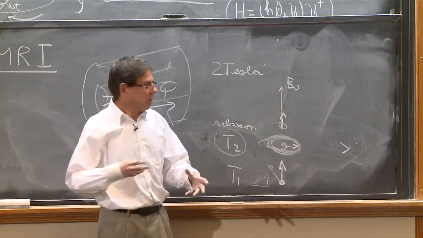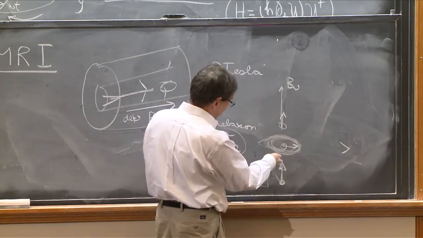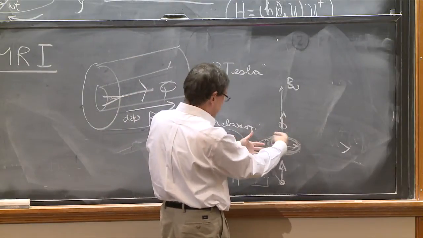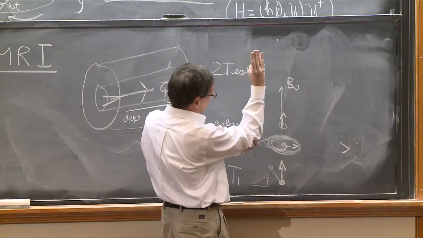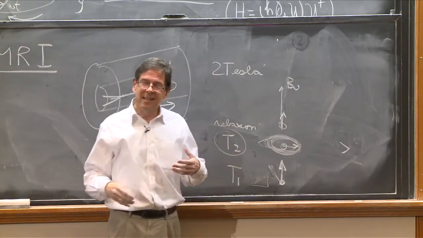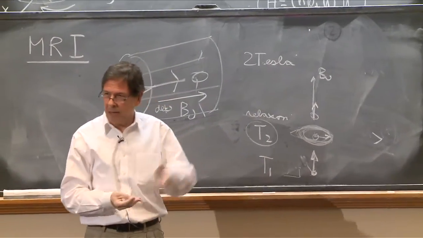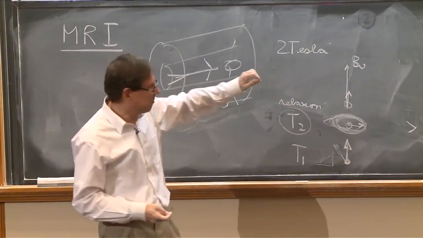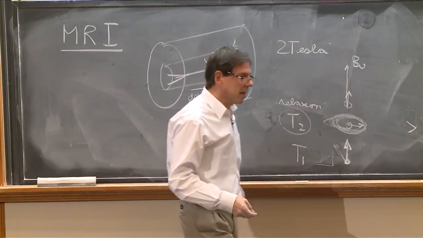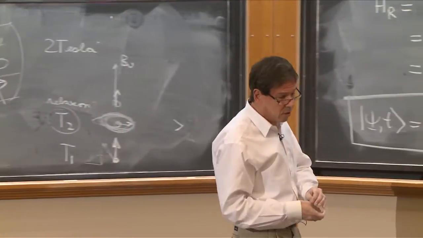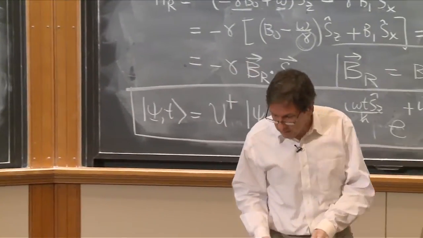But due to interactions with other things, it sort of stops rotating at some stage. And then eventually, many of them also go back up. So these are not easily calculable things within our analysis. So these are phenomenological constants that need to be measured or done by experiment.